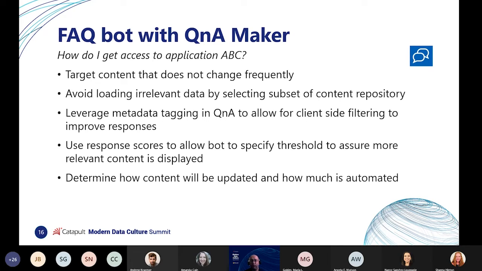Another thing to watch out for is that, out of the box, you do get response scores. If you're shooting for a high level of relevancy and accuracy, go ahead and leverage those out of the box. And then lastly, I want to touch on the actual maintaining of it. Once you're up and running and your bot's good to go, you do need to have discussions with the organization in terms of: do we want to automate the new and updated content into Q&A?